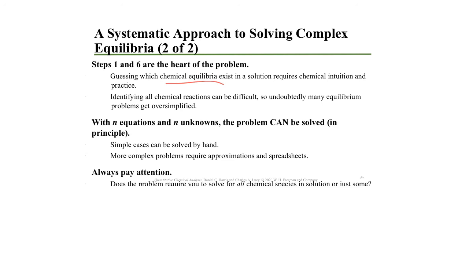It doesn't mean that you can solve this easily by hand. You may need a more complex approach, which is a spreadsheet. And then, do you really need to know all of them, or do you just need to know some of them? That can be a consideration in the end there.